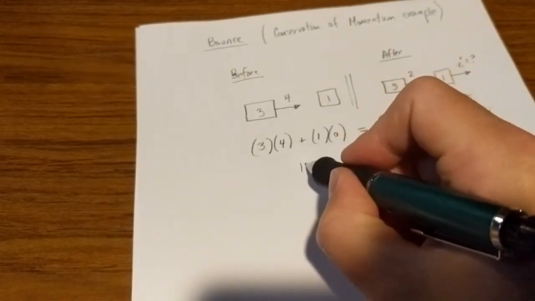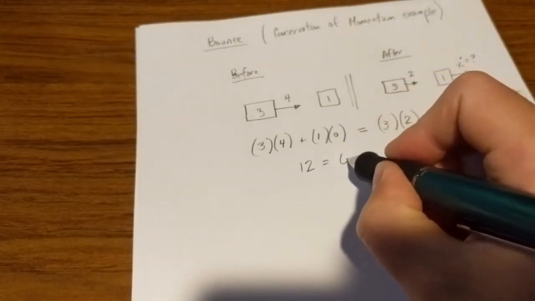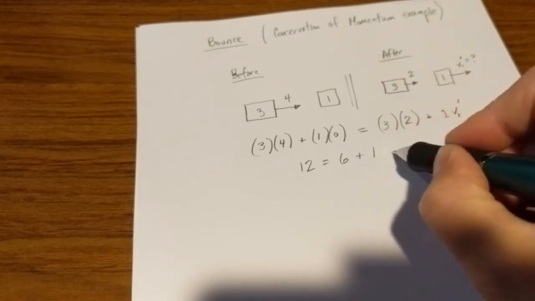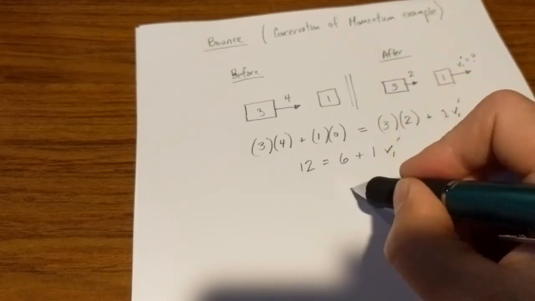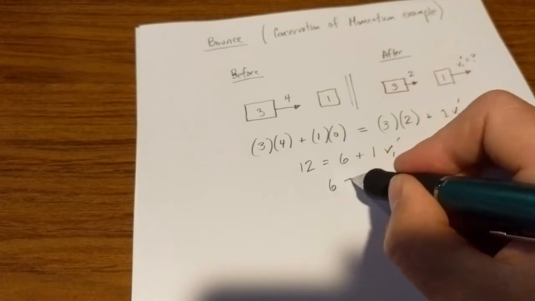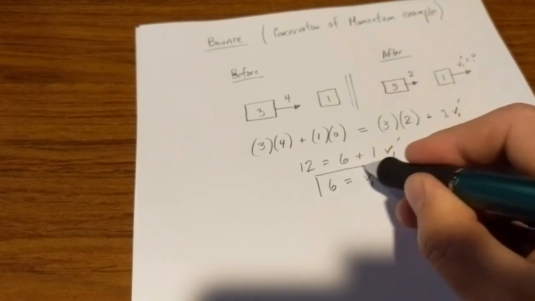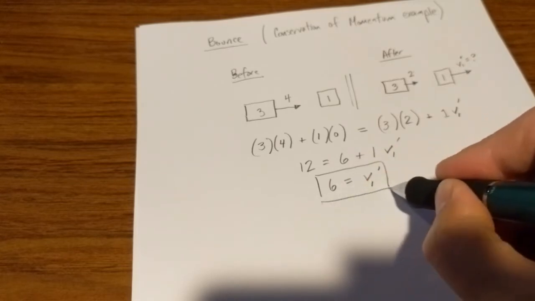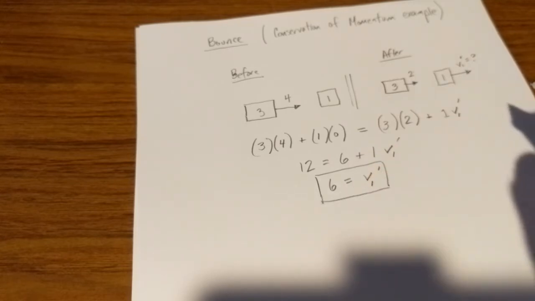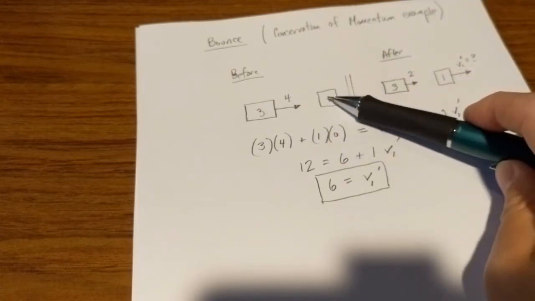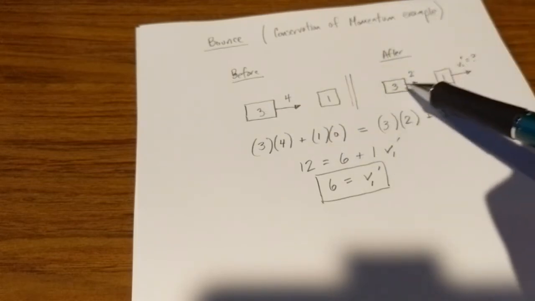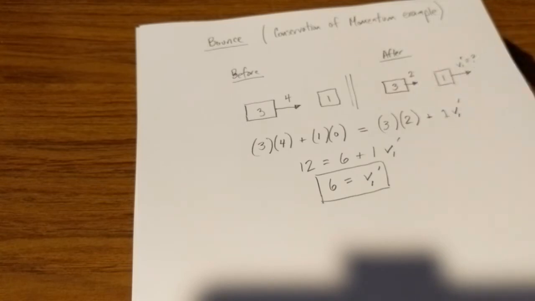Solving, we get 12 equals 6 plus 1 v1. Subtracting, we end up with v1 prime is 6. This makes sense compared to one of the examples you just saw, which is that if a large mass hits a small one, the large one keeps going but slows down, and the small one takes off and goes very fast.